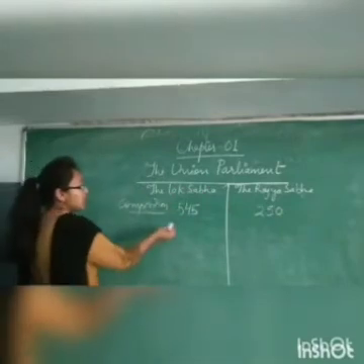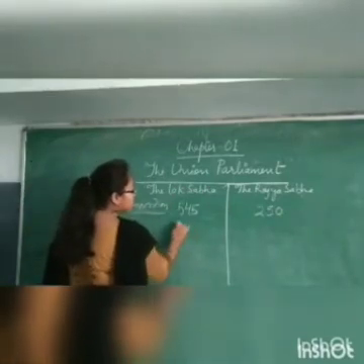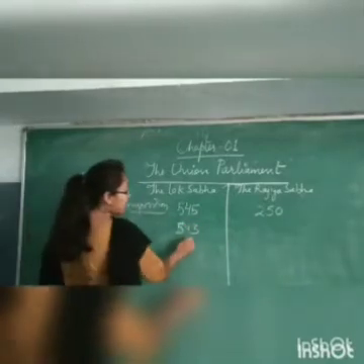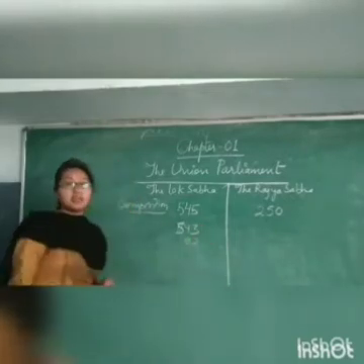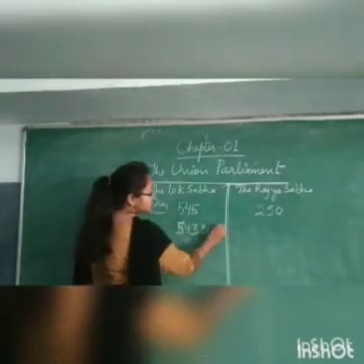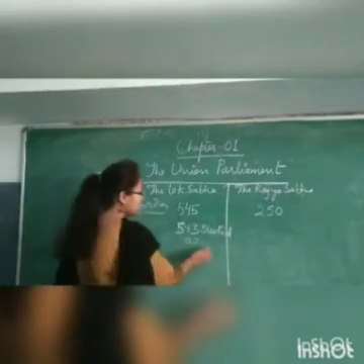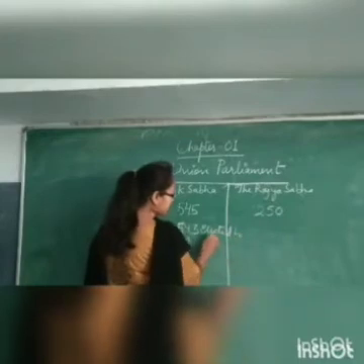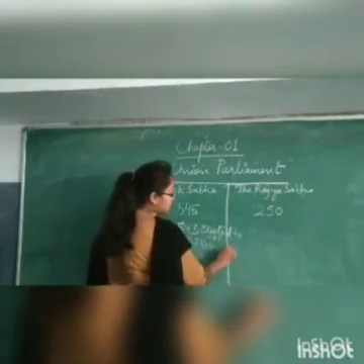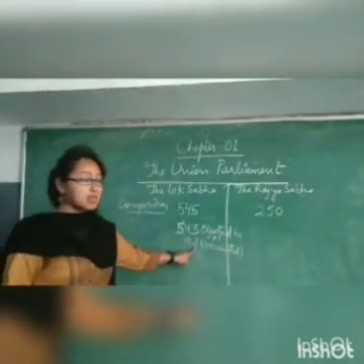Now out of this, 543 are elected and 2 are nominated by the President. These elected members are elected by UAF, Universal Adult Franchise. And 2 are nominated by the President.